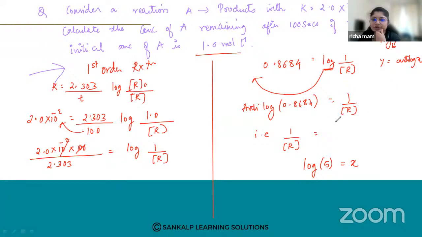So 0.8684, if you want to calculate the anti-log of that, this is how you have to take.